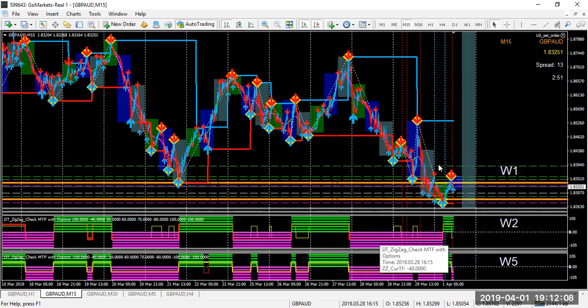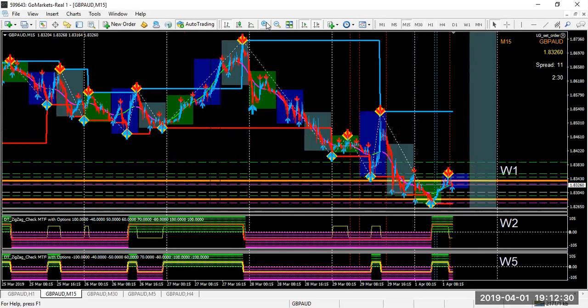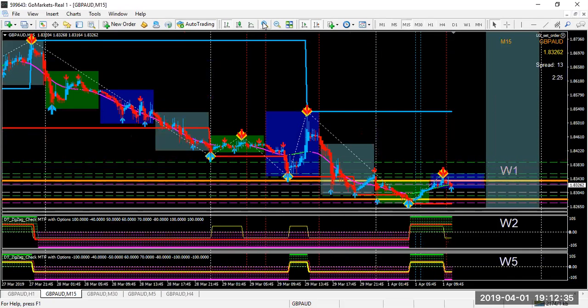That means we're looking for destinations below current price. And when we start getting green shading, we're looking for destinations above price. That's in a nutshell, without getting too much in depth, just to give you a bit of a look inside at what they're doing.